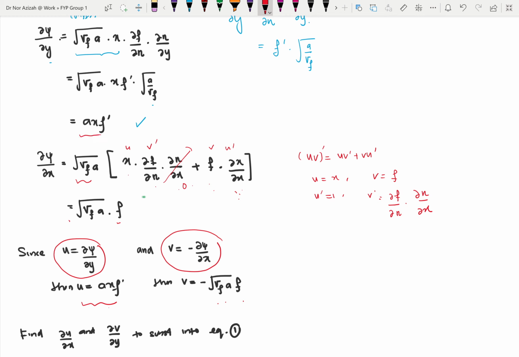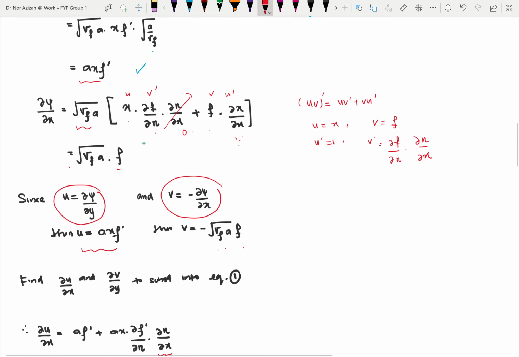Okay, so next you need to find del u del x and del v del y in order to substitute into equation 1. Equation 1 is del u del x plus del v del y, and you need to make sure that the answer is 0.